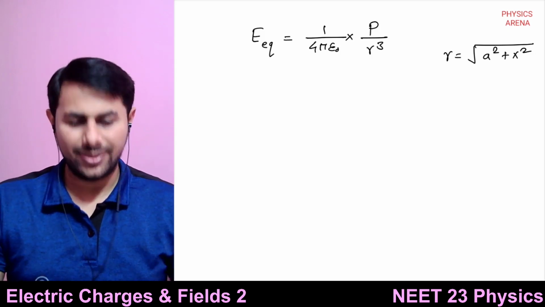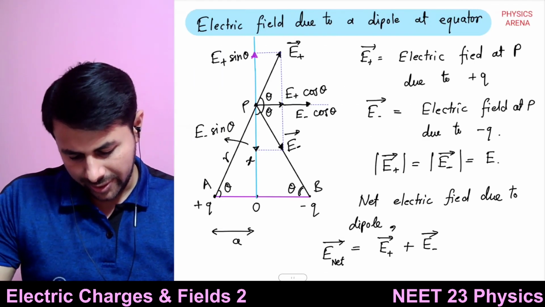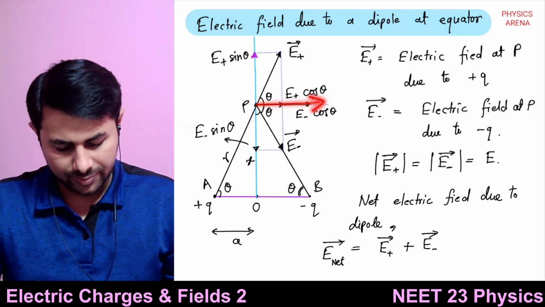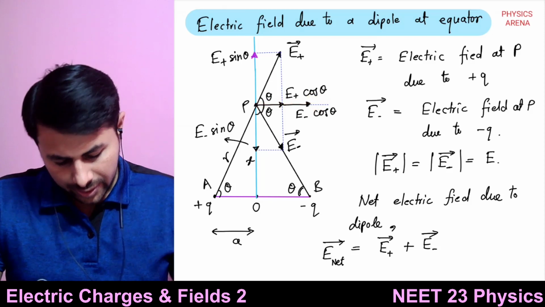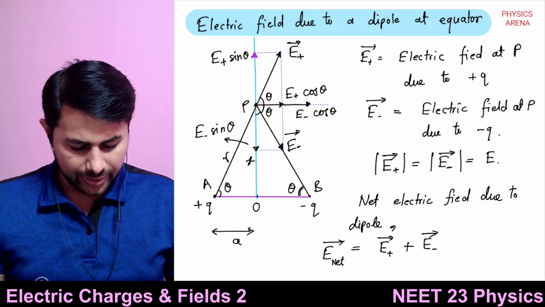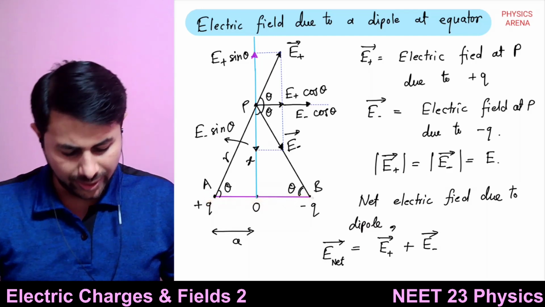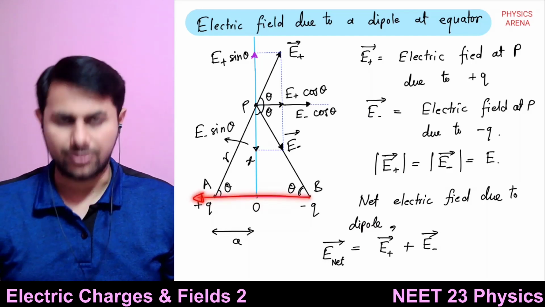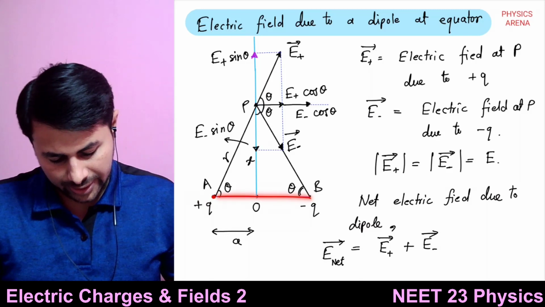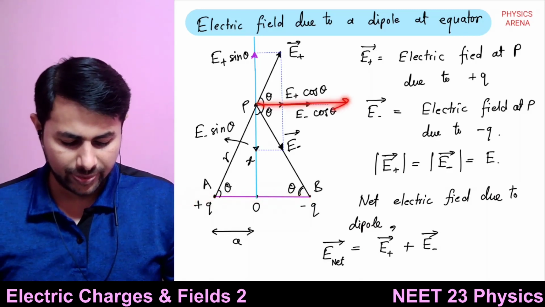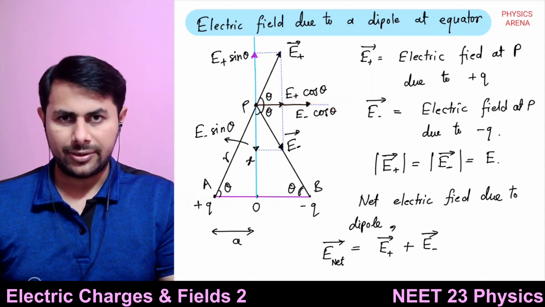What will be its direction? See, its direction is like this. The electric dipole moment is directed from minus Q to plus Q. This electric field is opposite to that.